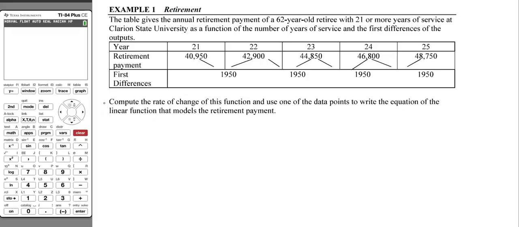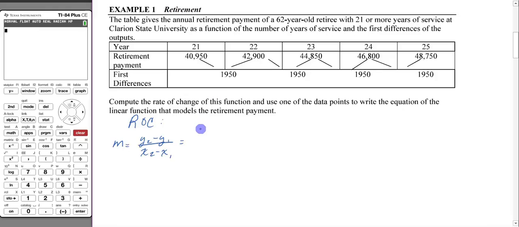So first we're going to compute the rate of change of the function and then use one of the data points to write the equation of the linear function that models the retirement payment. So to find the rate of change, let's find the difference in the y over the difference in the x's.